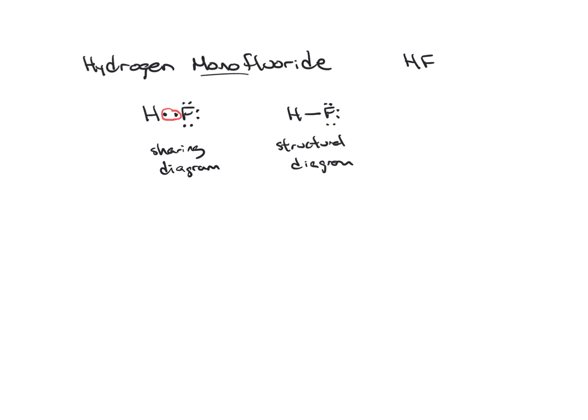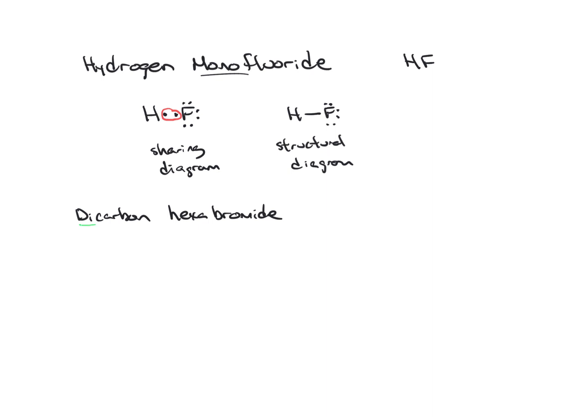Okay, I am going to go with dicarbon hexabromide. Dicarbon hexabromide. So, I've already talked about the prefix di. That means 2. So there's 2 carbons here.